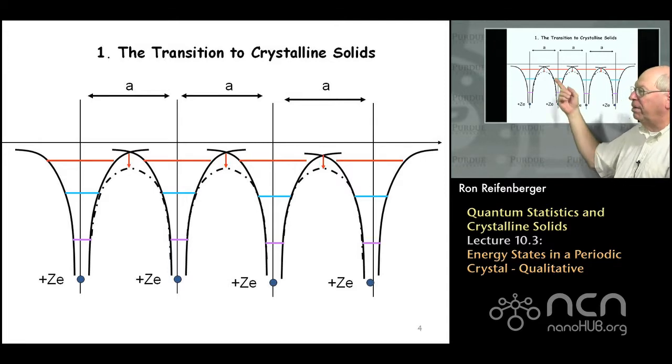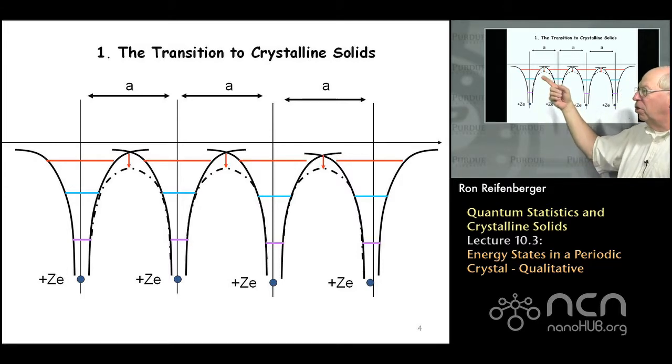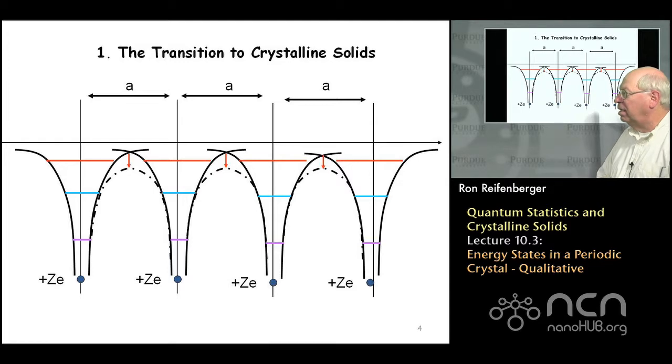And this just simply means that the electrons are now going to see an electrostatic potential energy, which is the sum of the two separate curves from each individual atom. And the sum of those two curves is going to actually drop the confining potential of the electron to a new value, which I've schematically indicated by this dashed line.